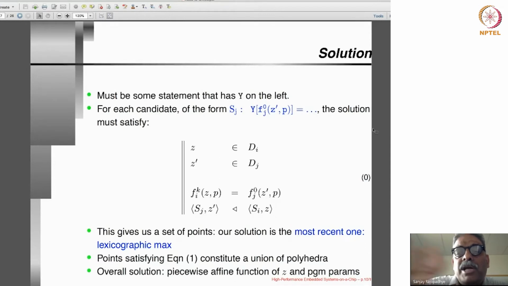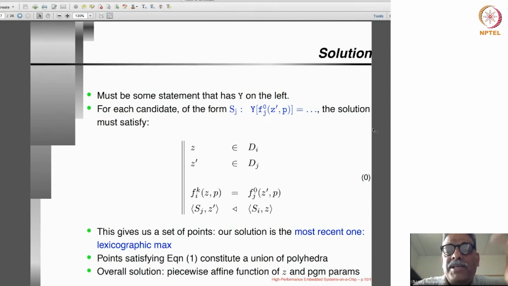And remember, the statement is some statement Sj, so it has its own indices z prime, and of course, the program parameters, which are common to all statements. All right. So the first two constraints that all my indices must satisfy are the following.